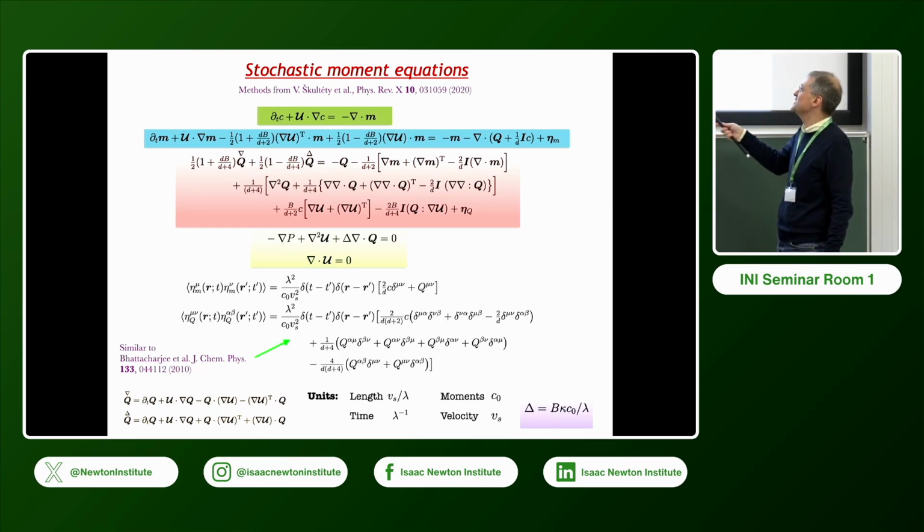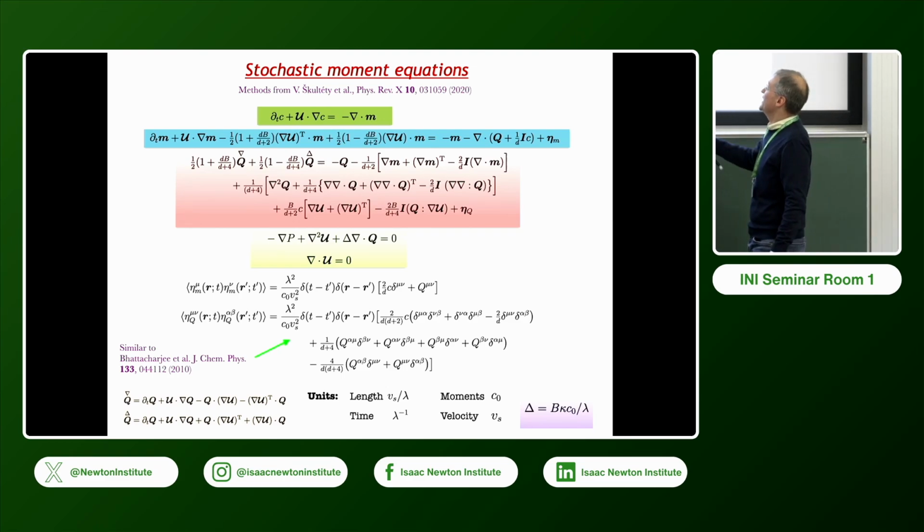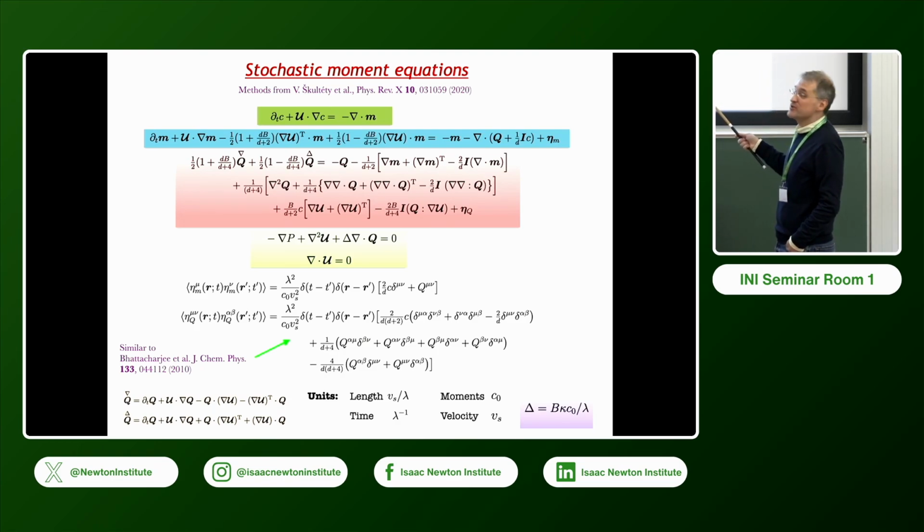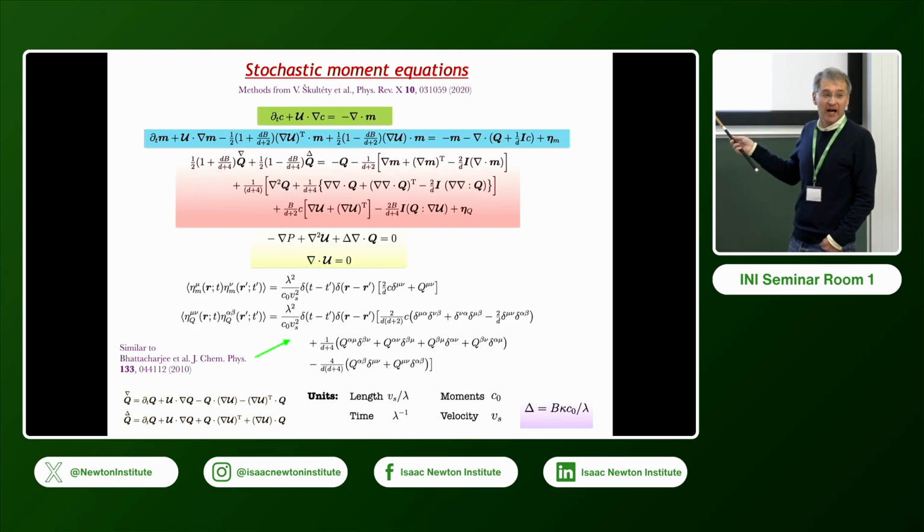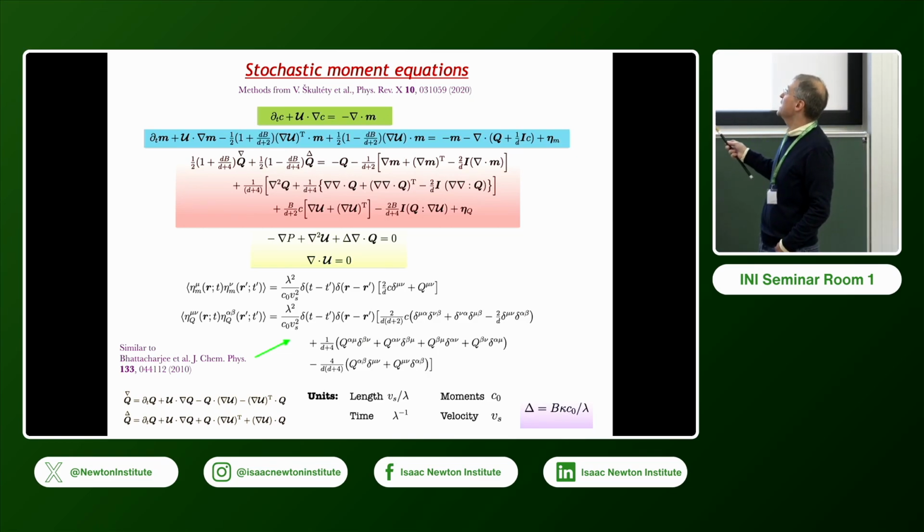This is my distance from the onset, and so this is divergence, and this is a numerical prefactor. Okay, so this is linear. I can solve this, and I know the velocity field in terms of Q all over the place. Okay, so formally I can interpret this: Q drives U. I can put it back in there and deal with that.